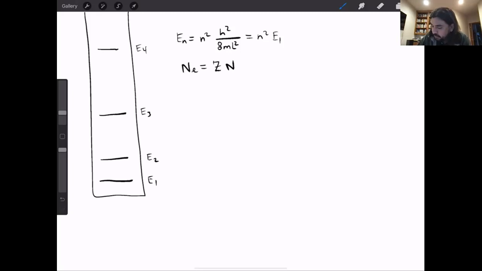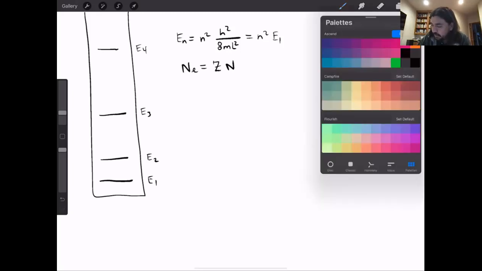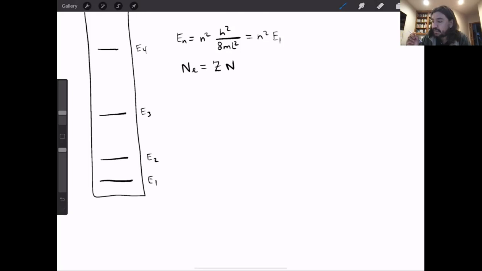Now, what the Pauli exclusion principle tells us is that these electrons are not going to allow each other to be put in an energy level that is already occupied. But it turns out that electrons also have a spin. So there's not just how much energy you have. The electron can be spin up or spin down.